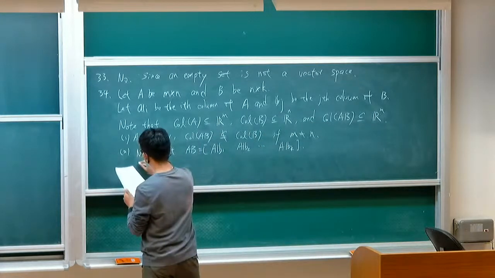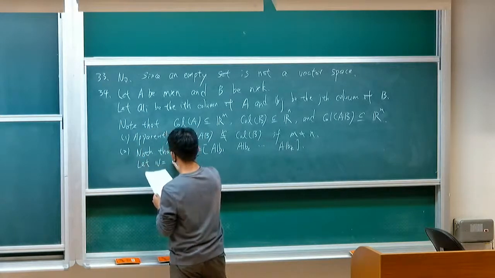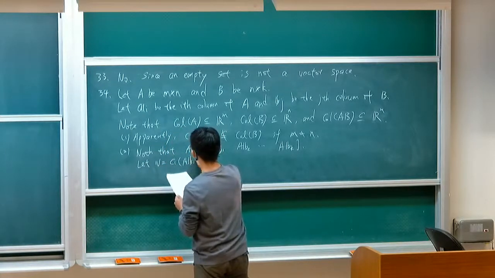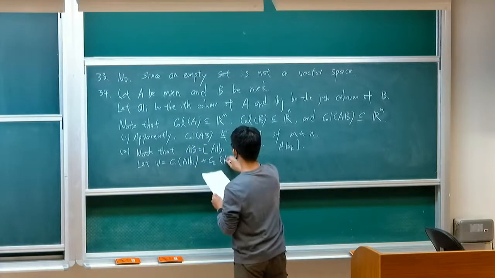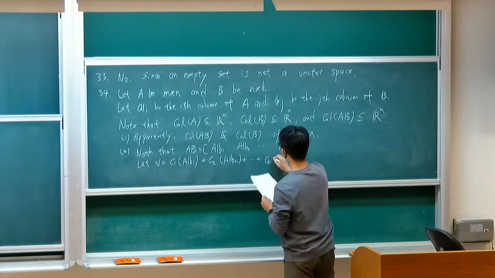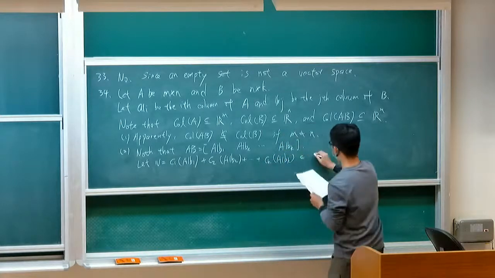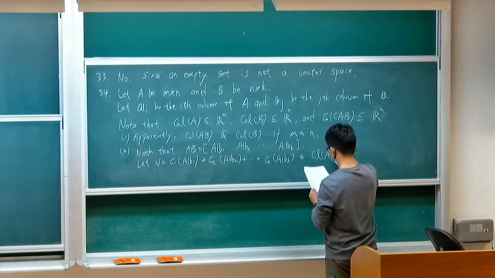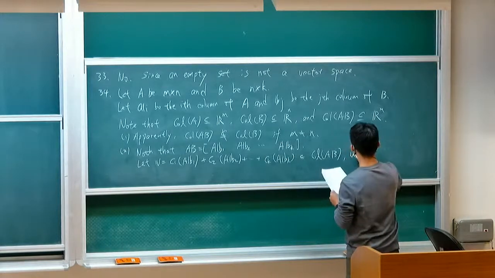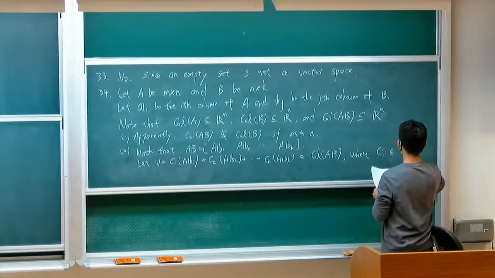Now, with that, let v be c1 times A B1 plus c2 times A B2 all the way to ck times A Bk, where ci is a real number.